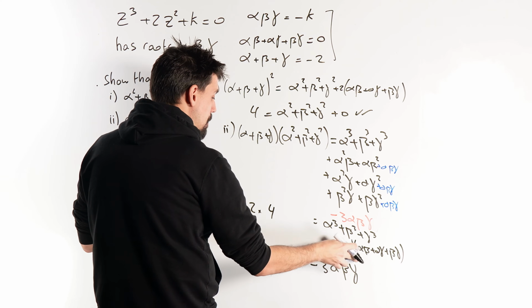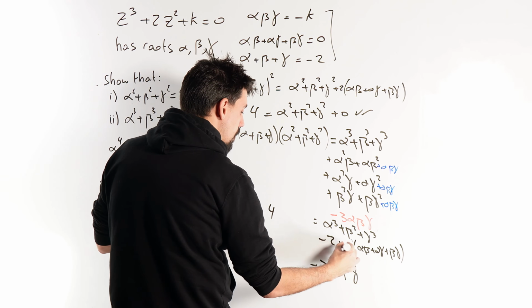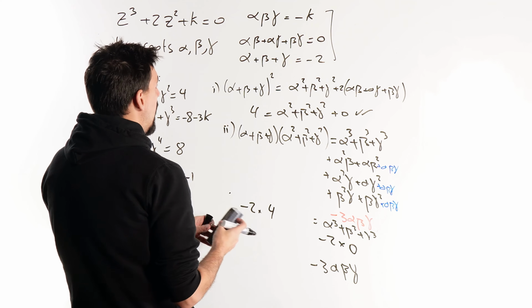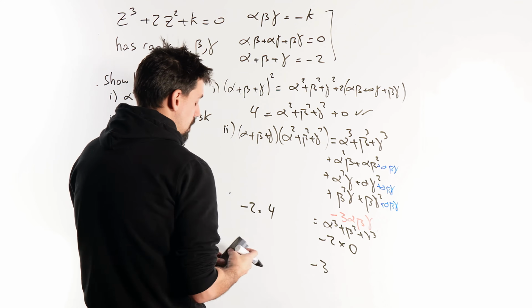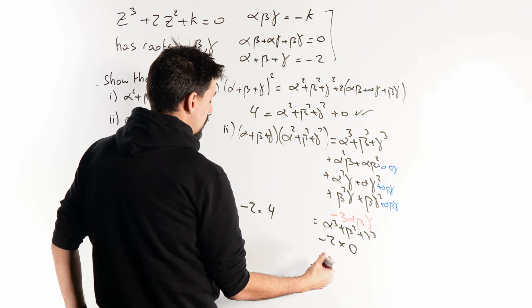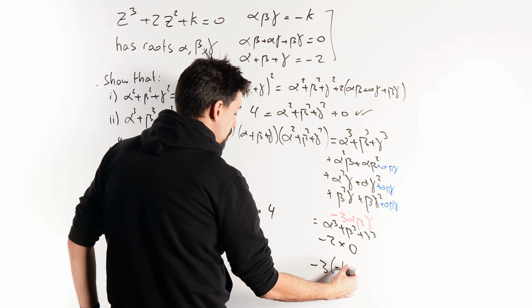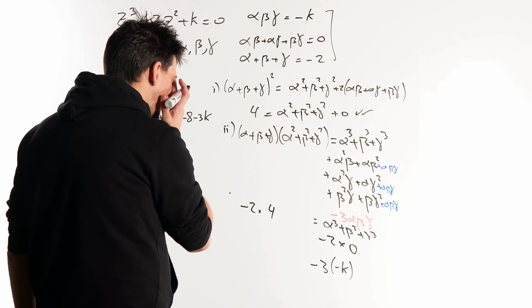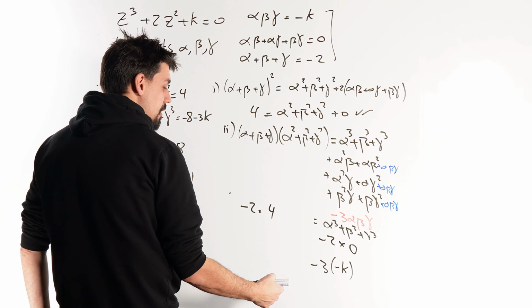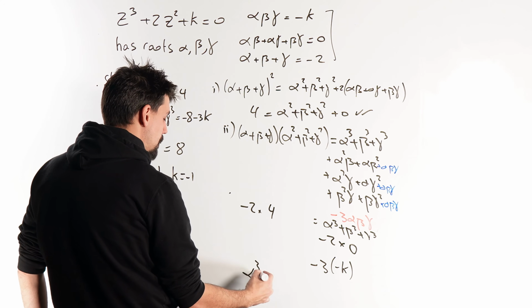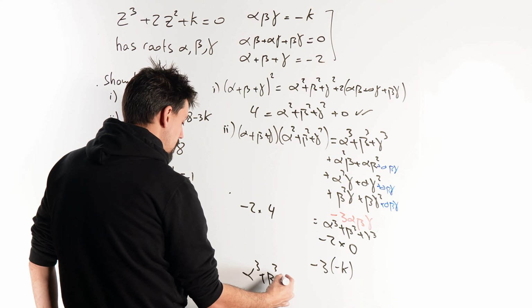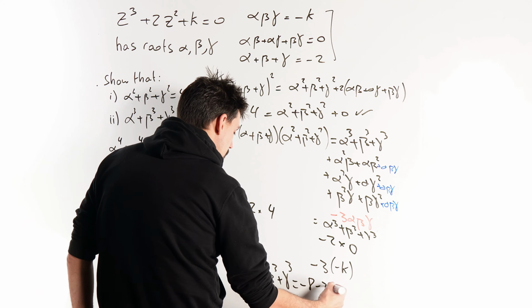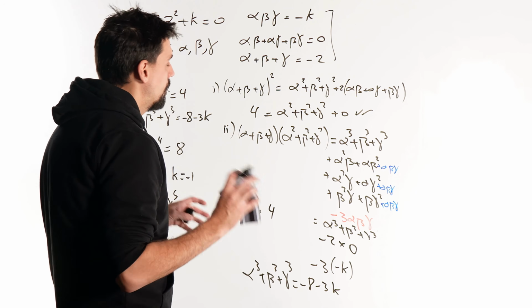Alpha plus beta plus gamma becomes a minus 2. This is 0. And all of that multiplied together is minus k. And in fact, you do end up with the correct answer if you reorganize that. Alpha cubed plus beta cubed plus gamma cubed is equal to minus 8 minus 3k.